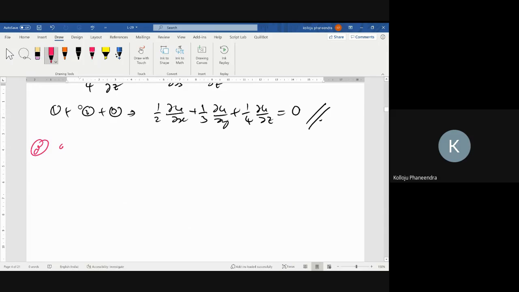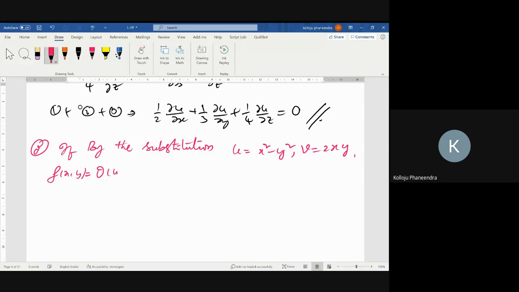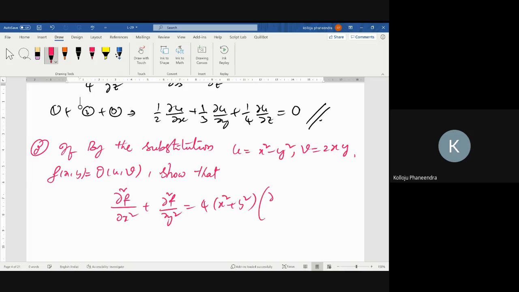If by the substitution u equal to x squared minus y squared, v equal to 2xy, and f(x,y) equal to θ(u,v), show that ∂²f/∂x² plus ∂²f/∂y² equal to 4(x² plus y²) times (∂²θ/∂u² plus ∂²θ/∂v²). This is one problem.